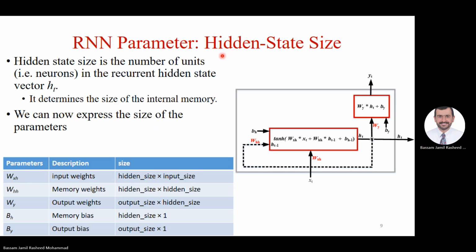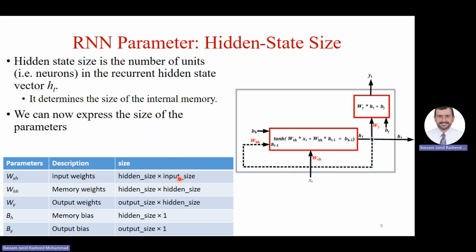So now, this hidden state size is a very important parameter, and it controls the complexity of your design. How? Well, take a look here. You see this weight matrix here? Let's assume the size of X is the input size, which means it could be 1 data, 2 data, etc. And now you can see that the size of the weights here is hidden size times input size.